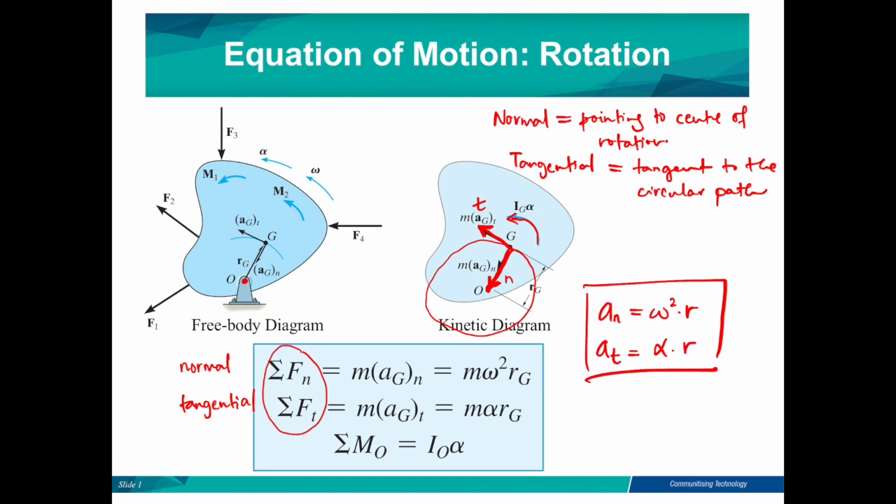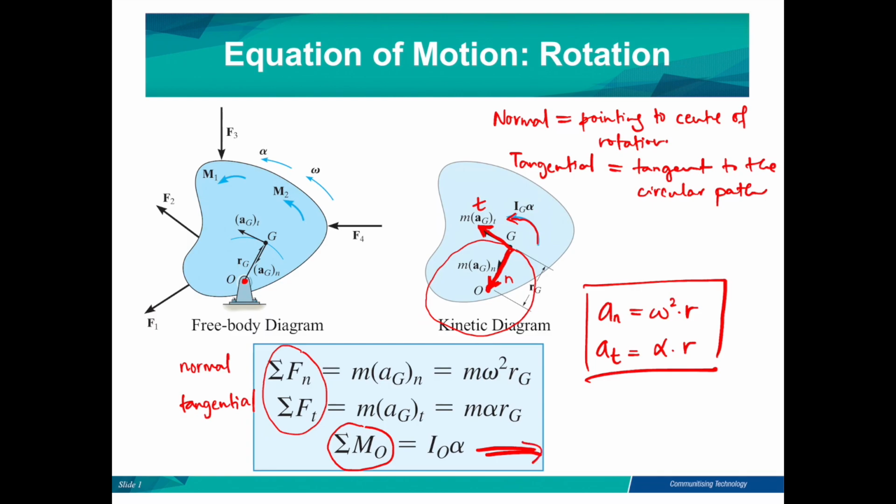And in this chapter, we are not going to calculate moment about G, but we prefer to calculate moment about the center of rotation. So it is calculation of moment about O, all right? And this will be equal to IO alpha.